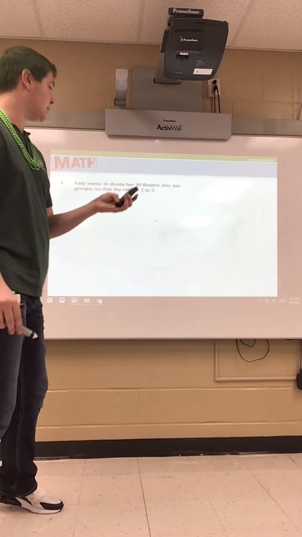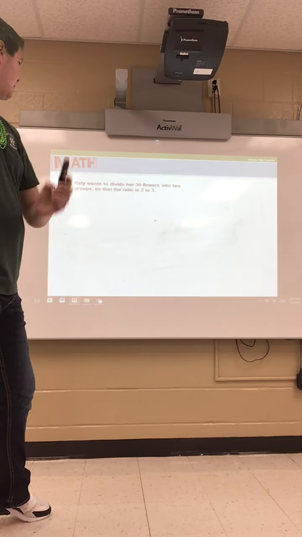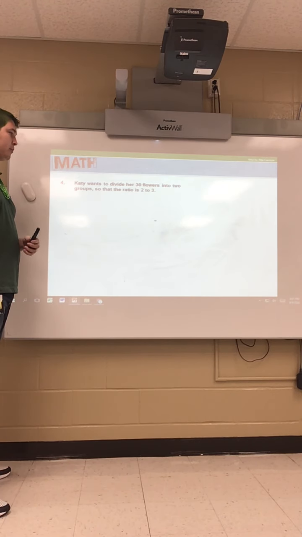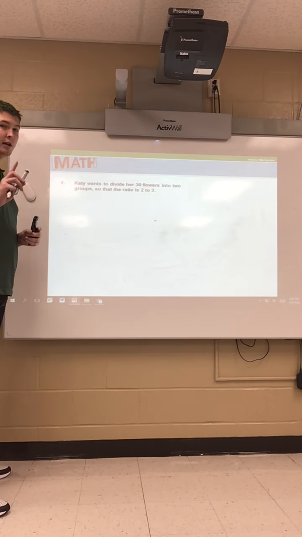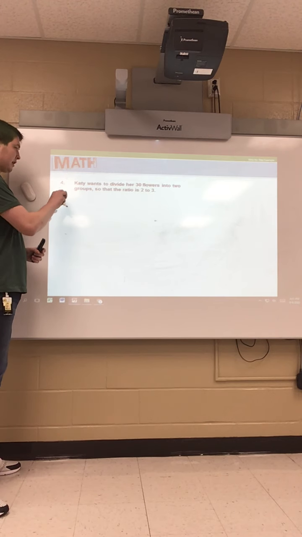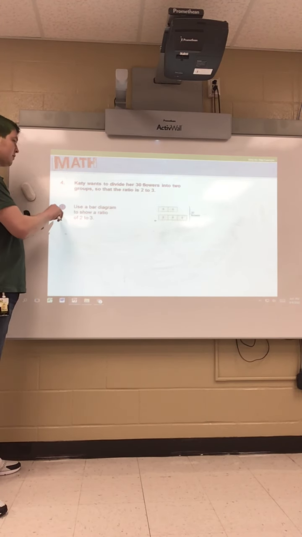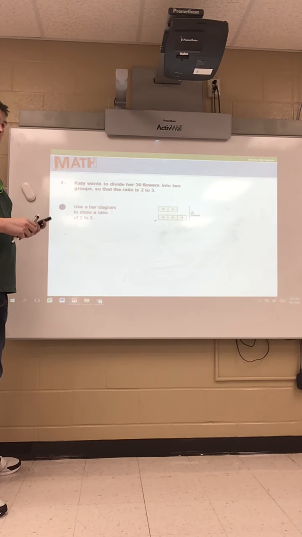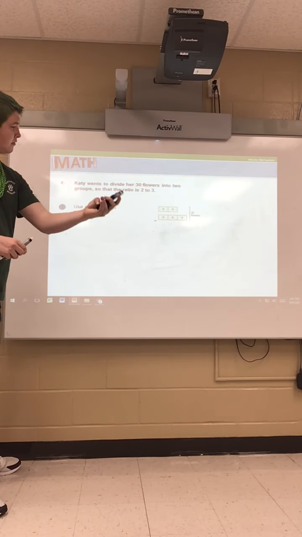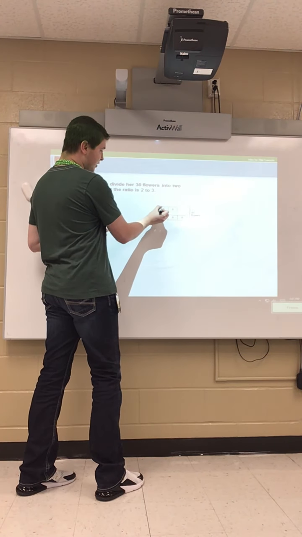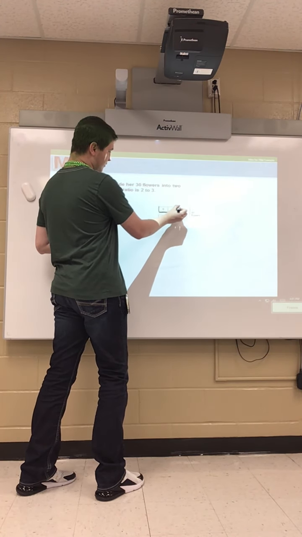Now we're going to learn, real quick. Katie wants to divide her flowers into 2 groups so that the ratio is 2 to 3. Okay? So we're going to use a bar diagram to help us with this, to show 2 to 3. So here's her 2 that she drew.